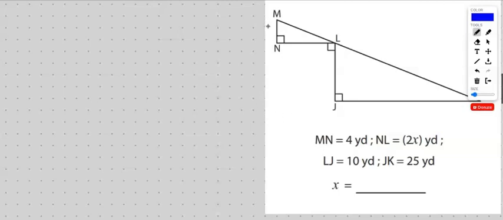M to N is 4. N to L is 2x. L to J is 10. And J to K is 25. Okay. So I'm going to say J to K over N to L would be equal to JL over MN.